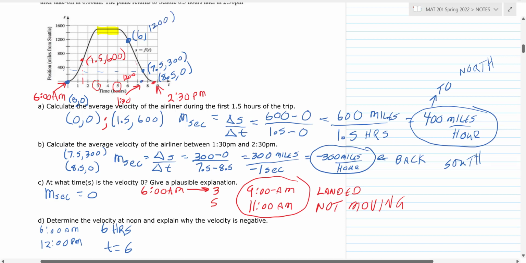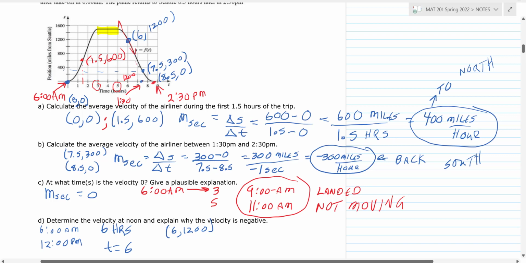So what we need to do is determine the actual velocity, the instantaneous velocity, not that. So we have to find another point whose values we know that would make what looks like a good tangent line there. I'm going to use the point (6, 1200) and then find another point. The slope of the tangent line right here looks kind of like that.